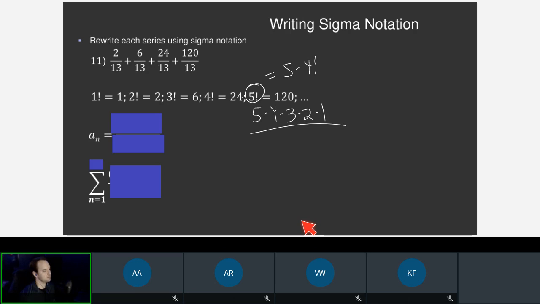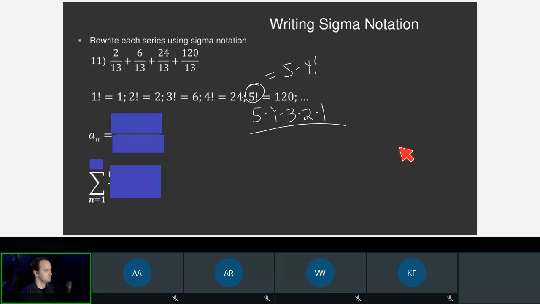No, it doesn't. In order to get 2 in my first term, n must be equal to 2, right? So what should the numerator expression be then? If I want it to be 2 factorial for my first term, what should I write here?